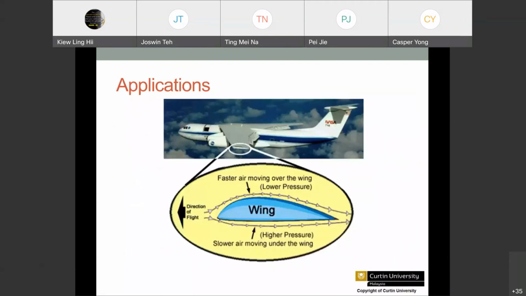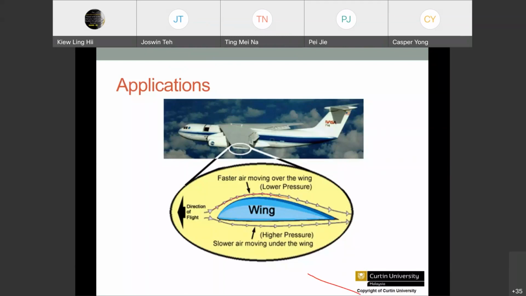And aeroplanes. If you are a mechanical engineer or an aerospace engineer, I think this is the greatest application of the Bernoulli principle, for the invention of the aeroplane itself. The wing: why is it moving like this? On top of the wing, due to the shape of this aerofoil, it causes the velocity to be higher on top as compared to the bottom.